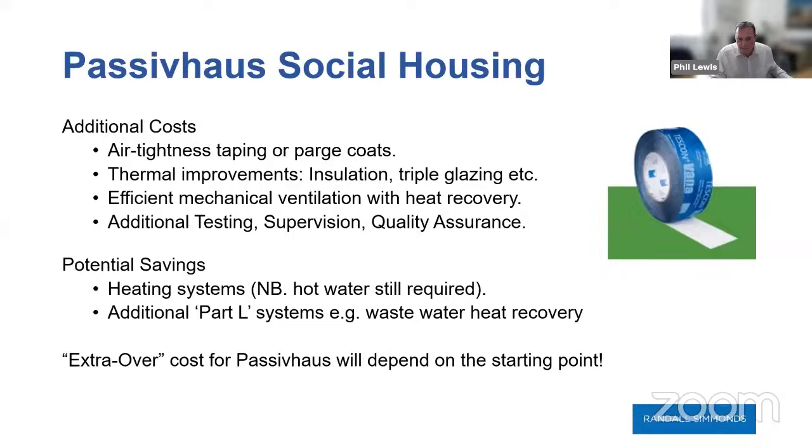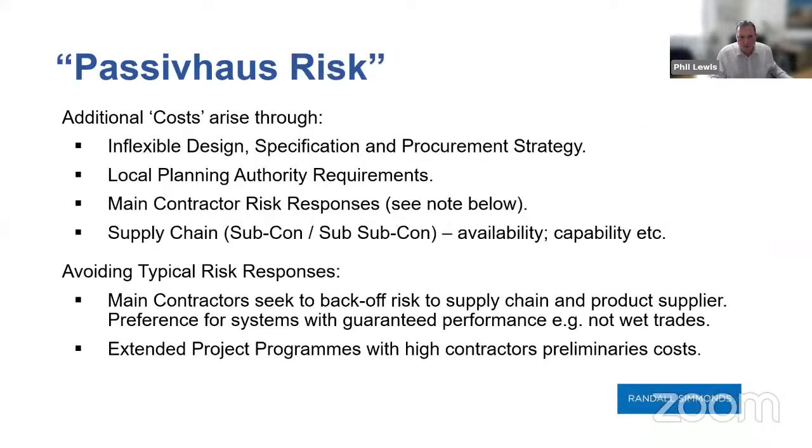But for me, the biggest cost item, the biggest influence that we can have when building at scale, is dealing with risk, and how contractors perceive the risk as much as anything else. I think perceived risk is so important for us at this relatively early point in the journey of Passive House as a main at-scale build.